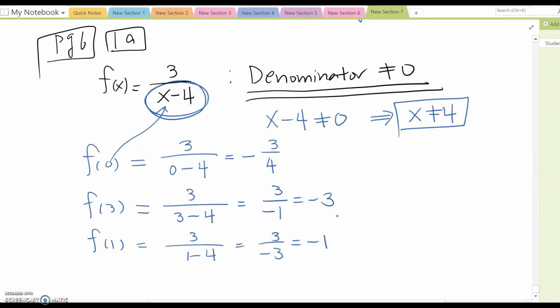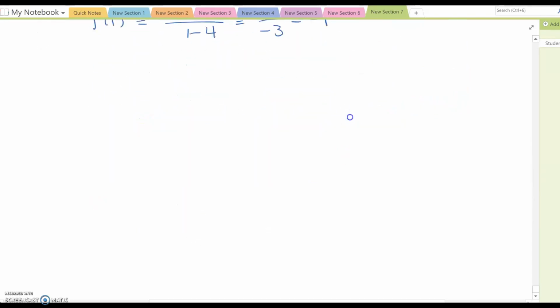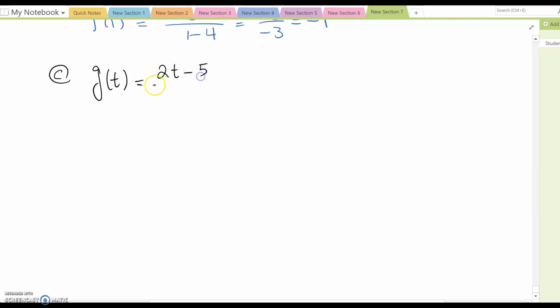So let's cover a little more difficult problem, like c. c shows that g(t) equals 2t minus 5 over t squared plus 1. The same thing: we want to find the limitation before beginning this problem. So we set up t squared plus 1 cannot be 0.